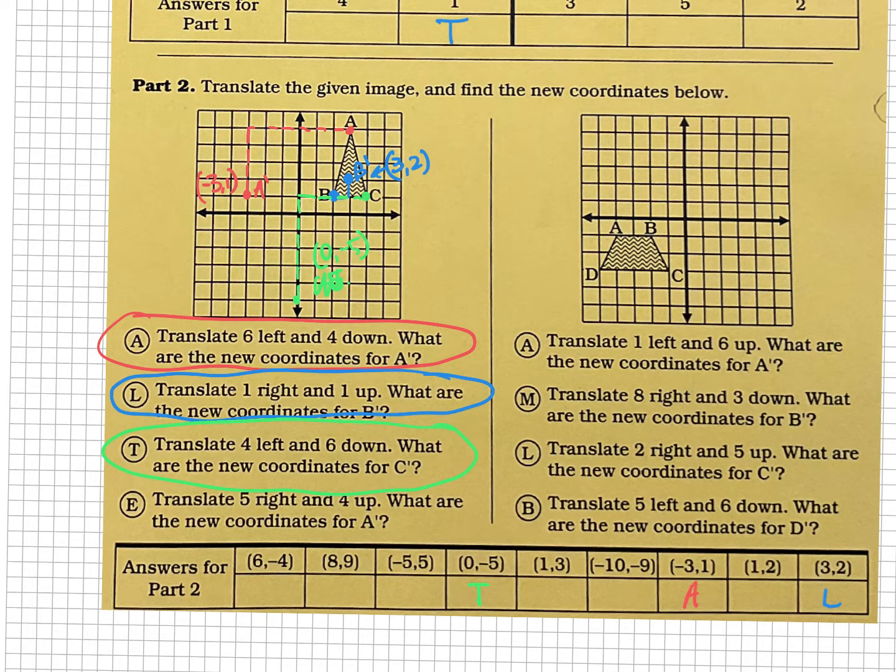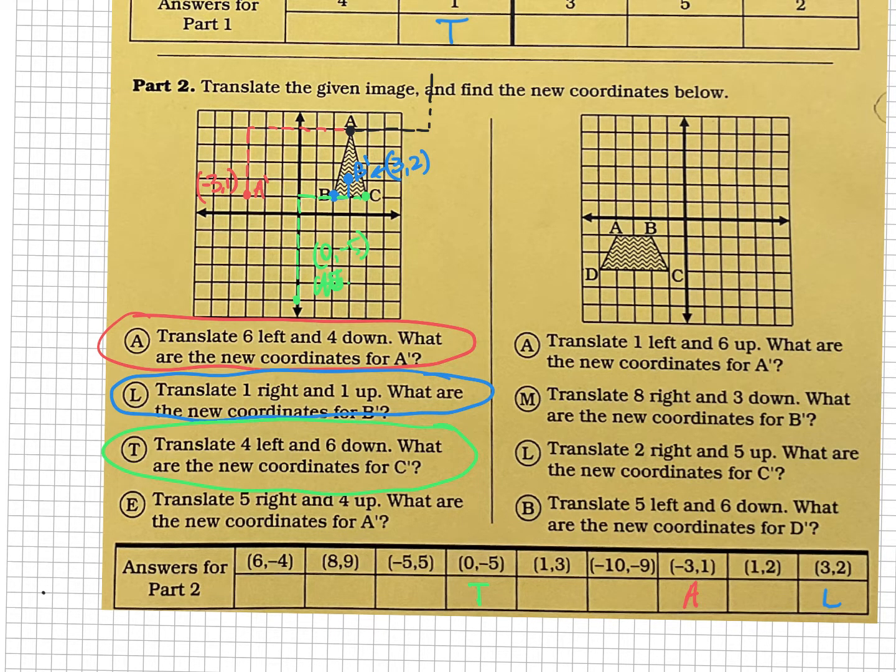And finally, that last one we'll do in, I guess, black. What is the new point for A to A prime if starting there, we go 5 right and 4 up? 1, 2, 3, 4, 5, 1, 2, 3, 4.